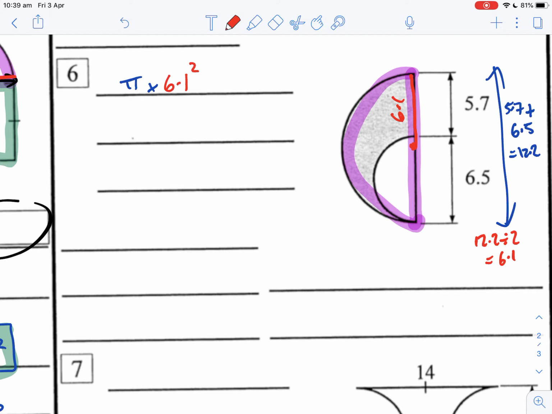I've only got half of that circle, so I can times the whole thing by half. Alternatively, it would be the same if I just divided by 2. So please yourself which way you prefer to see it. But that would give you the area of the larger semicircle. And then you're going to take away the area of the smaller semicircle.